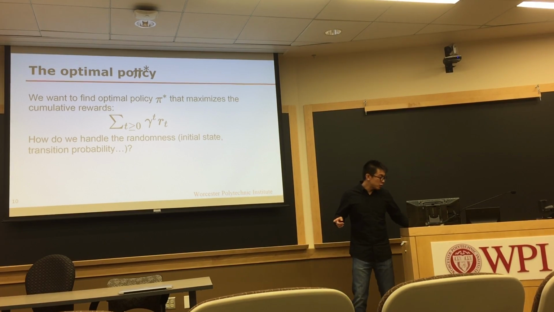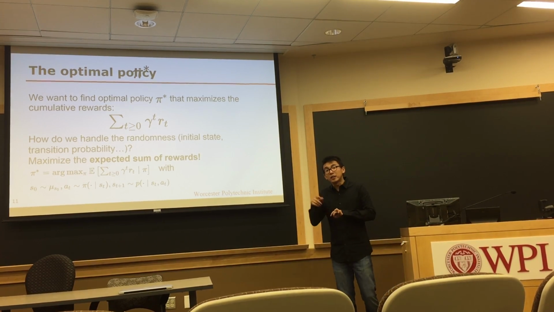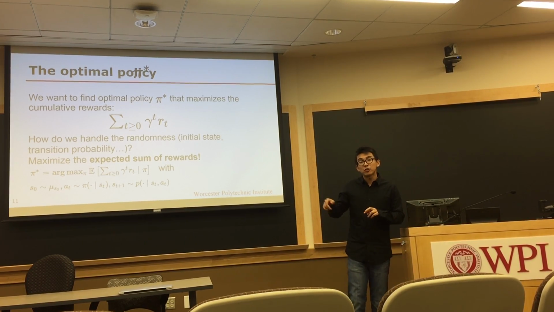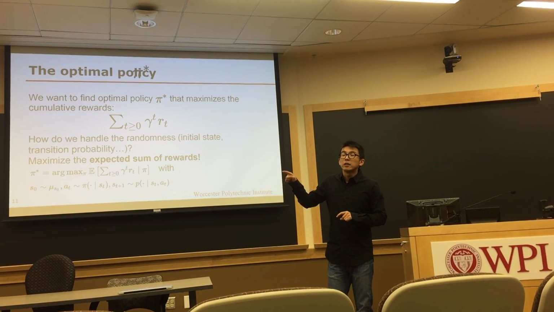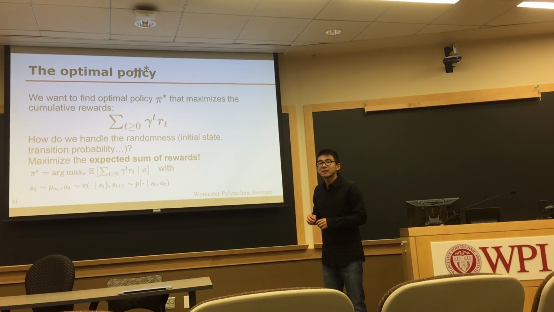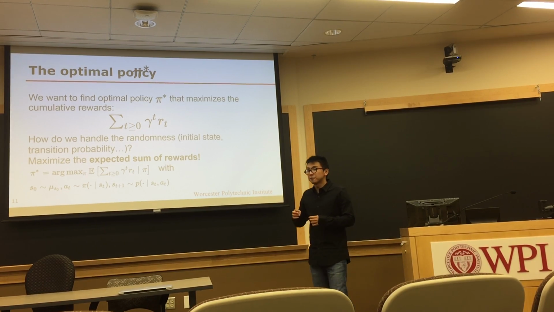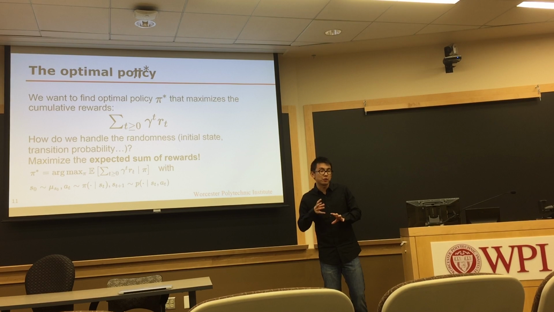The expectation can capture the initial state and the transition probability. So in reinforcement learning, we try to maximize the expected sum of reward, using the expectation to capture those randomness.